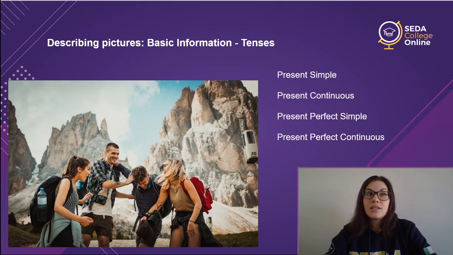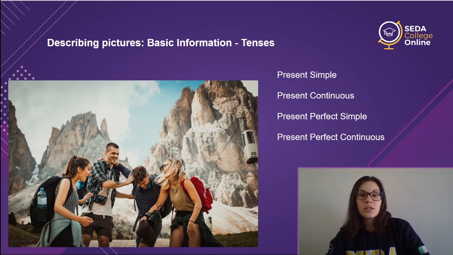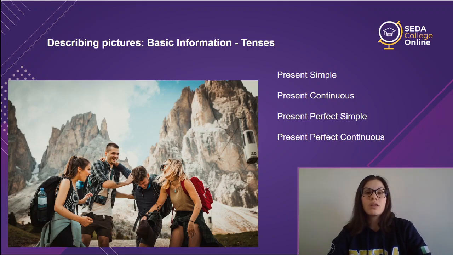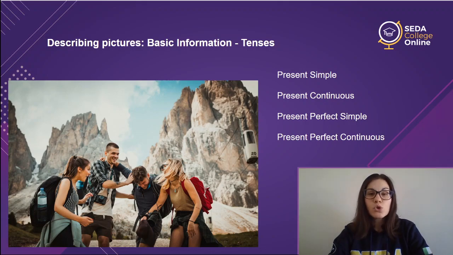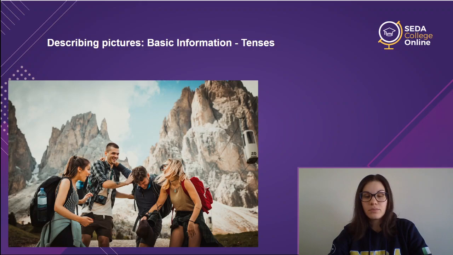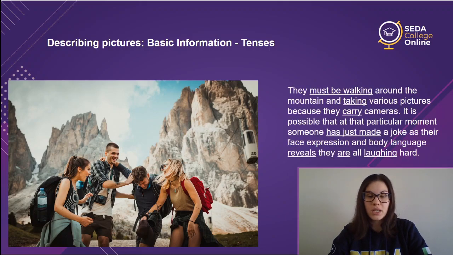If you paid attention or if you noticed the tenses used in all the pictures previously described, these 4 tenses were the basis. Well, actually, the last one may not be very common. Mostly we would use present simple, present continuous, and present perfect simple, but you can use present perfect continuous sometimes as well. I will show you the last example that we wrote.